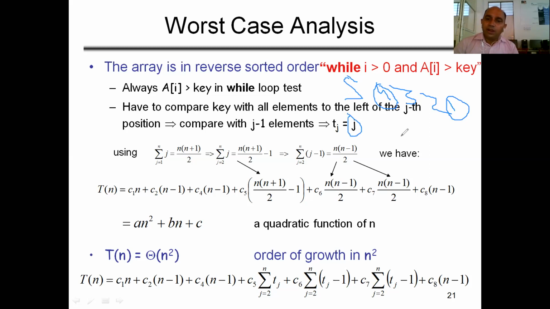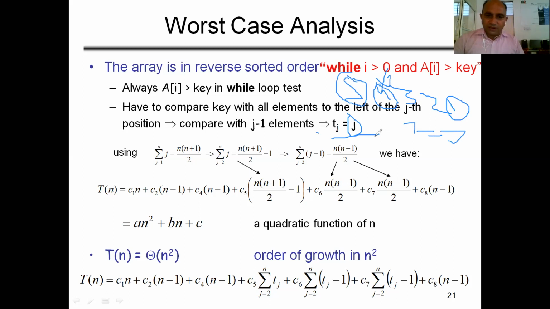For example, if j is equal to 2, it means our key is 4, and this condition is true for one time, then the value of tj will be 2. So for j equal to 2, the value of tj will be 2. For j equal to 3, the value of tj will be 3, and so on.